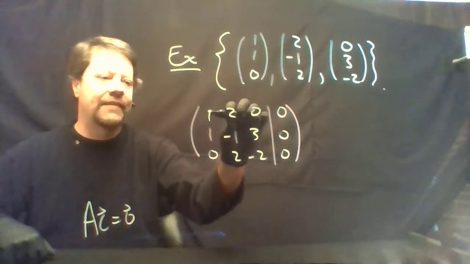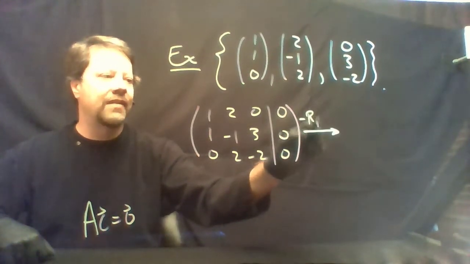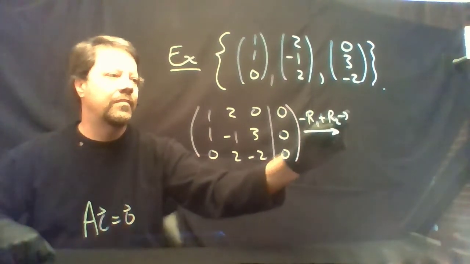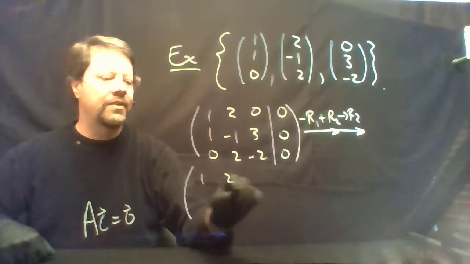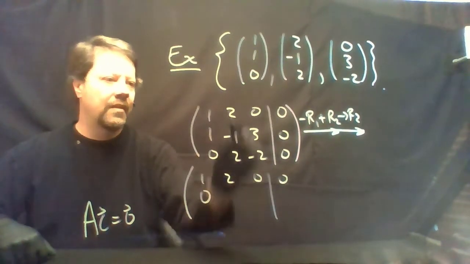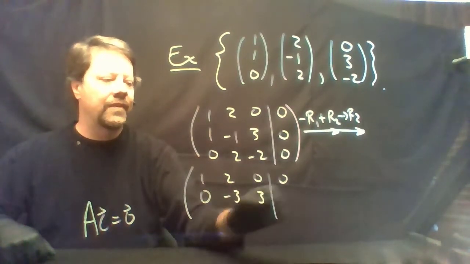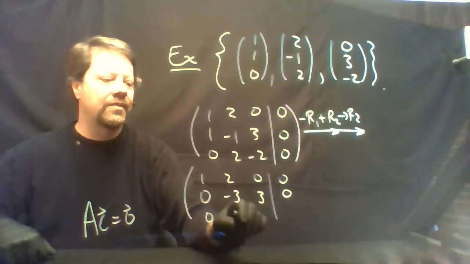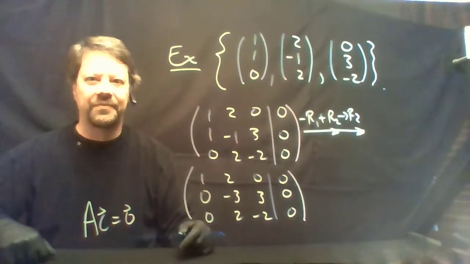First, let's take negative 1 times the first row and add to the second row. This gives us 1, 2, 0, and then 0, negative 1 times this plus this, we get negative 3, 3, 0, 0, 2, negative 2, and 0.